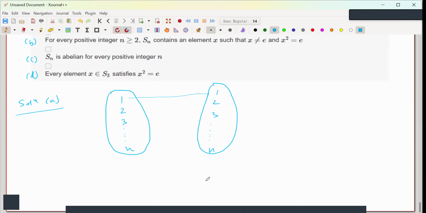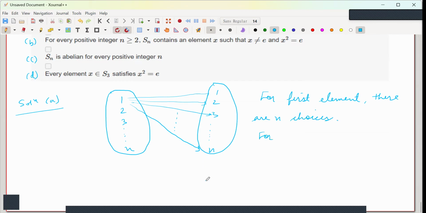So for the first element, there are n choices. For the second element, there will be n minus 1, because one choice is already fixed for the first element, right?